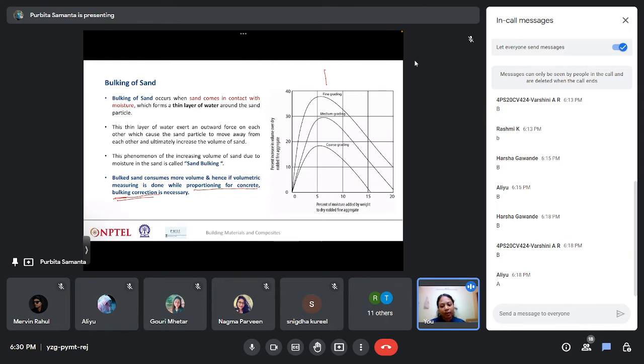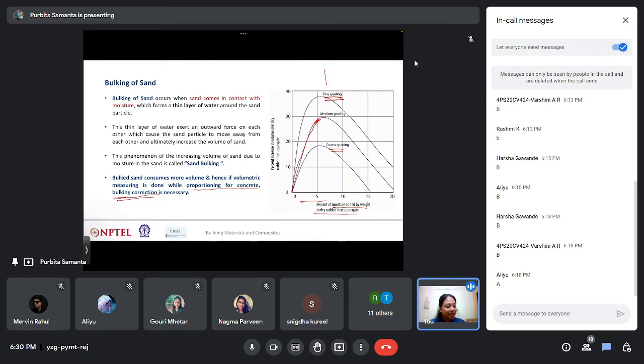Also, in our lecture module, we have seen that fine graded sands bulk the most, whereas coarse graded sand bulks the least. And if you look at the percentage of moisture added, and the characteristic of this graph, you will see that bulking happens.